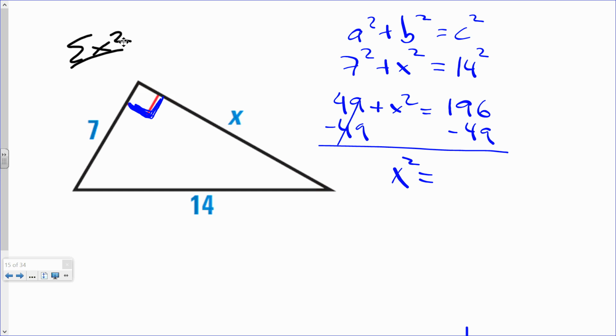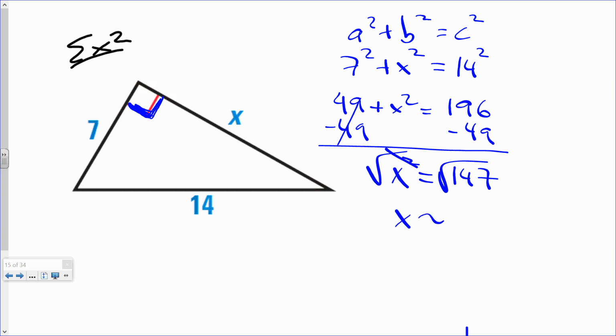196 minus 49. 147? You're awesome. Almost done. Square root that puppy, right? Square root, you get x alone. So it gets rid of the second power. It undoes, it offsets the second power.